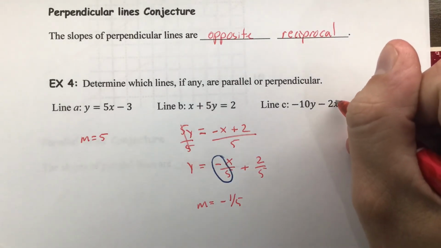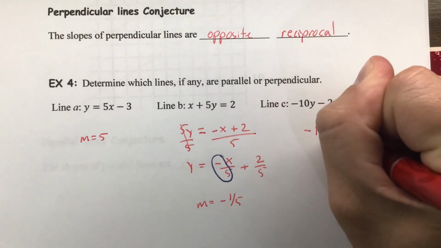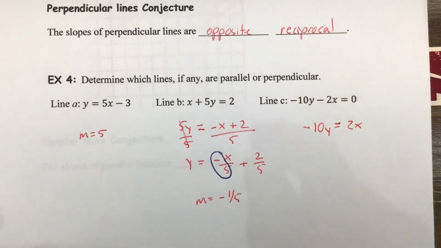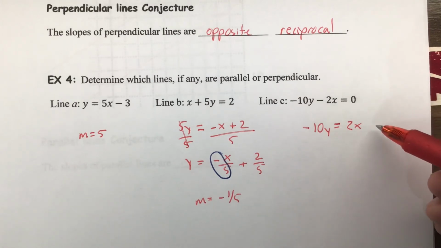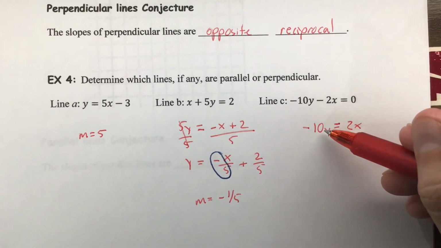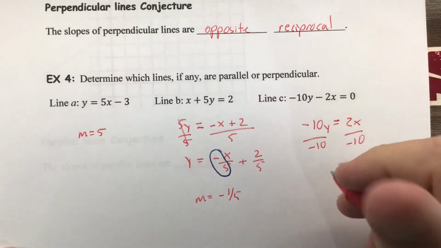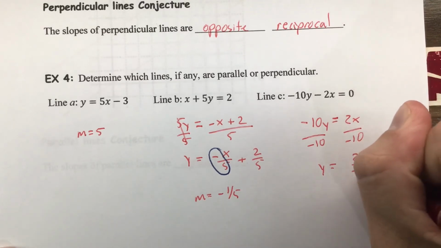Okay, line C, we're going to need to rewrite that one as well. We're going to start by taking that -2x and moving it over. So that's going to give us -10y is equal to +2x. You have to add it on, so it goes over there as +2x. We had a 0, so you don't have any extra numbers behind it. We're next going to divide by the -10, and we get y is equal to 2x over -10.